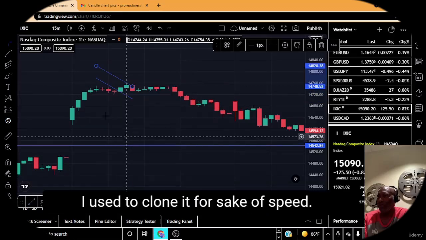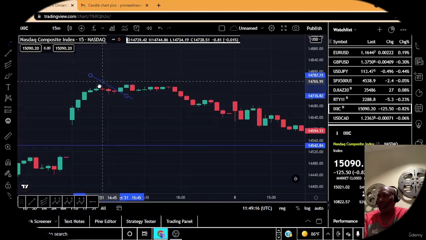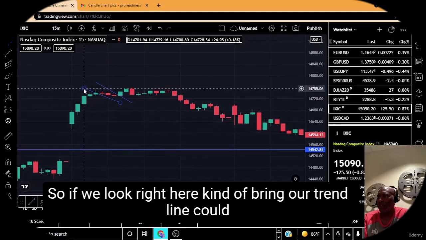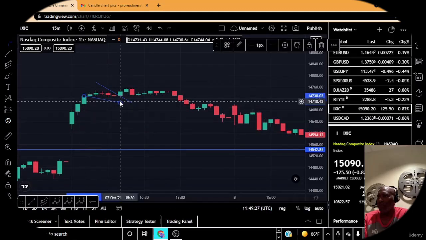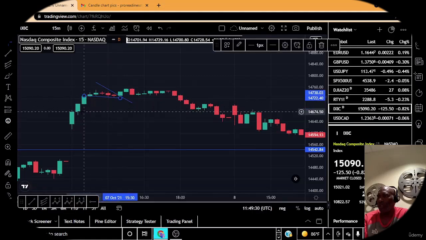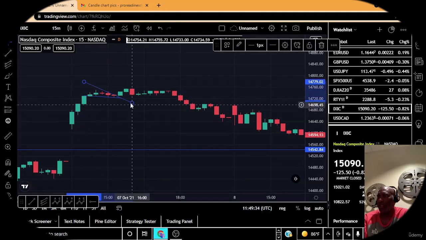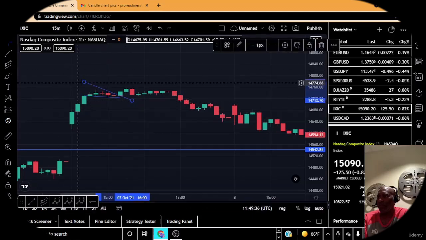I usually clone it for the sake of speed, right? So if we look right here, kind of bring our trend line, could have been right here, could have been right there. This one could have been somewhere right in there, right?